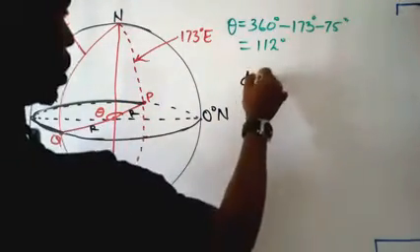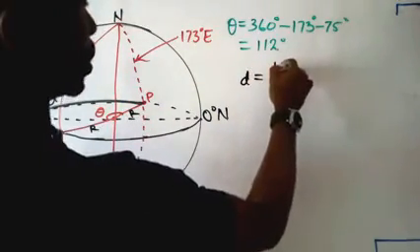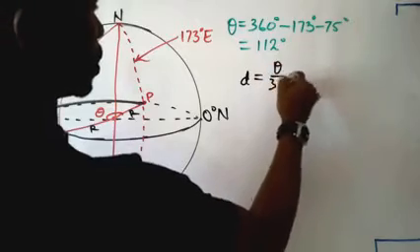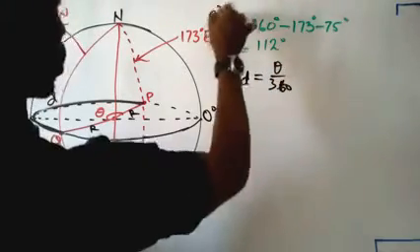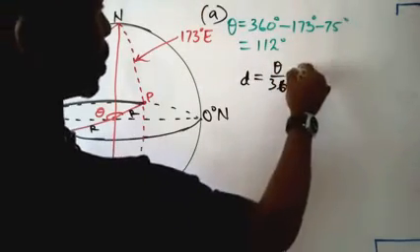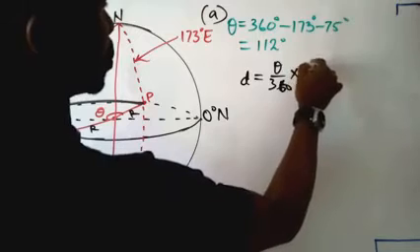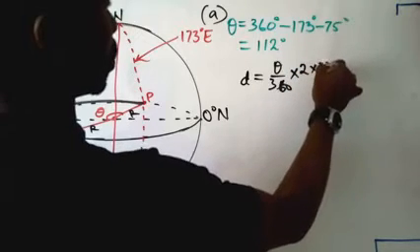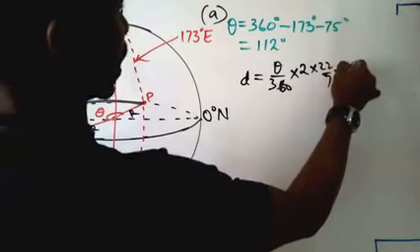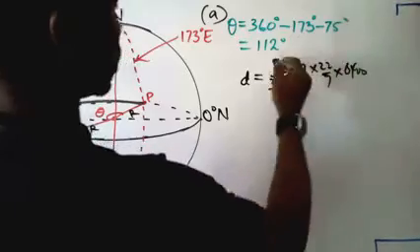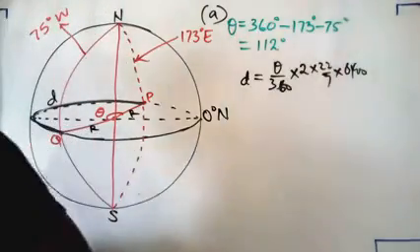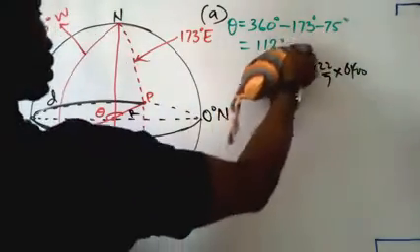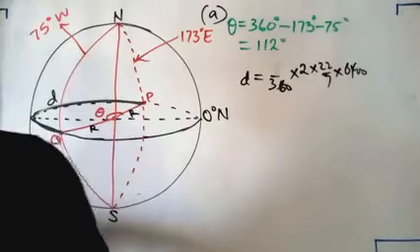So the formula, they are both on a great circle. So we still retain the same formula, and that will be theta over 360. That's the A part of the question we are solving right now. Over 360 times 2 times 22 over 7 times 6400. We have already done theta, and we know that our theta is 112.